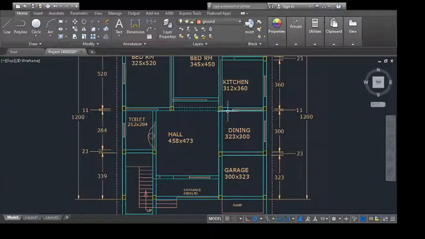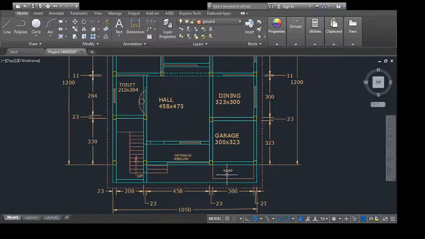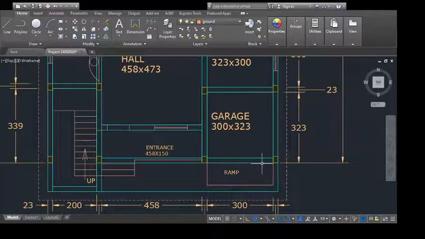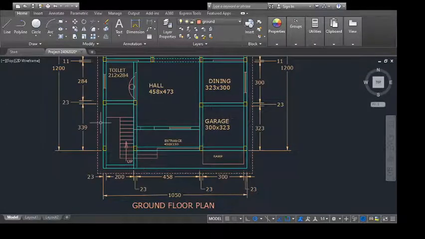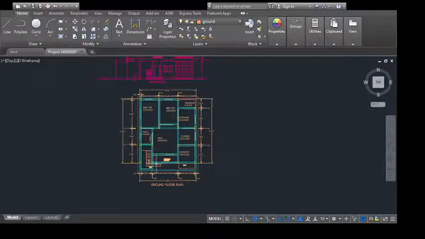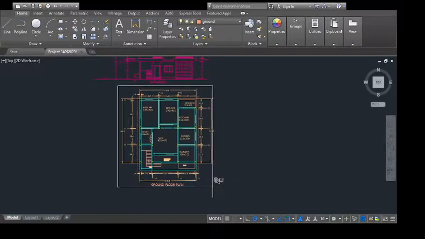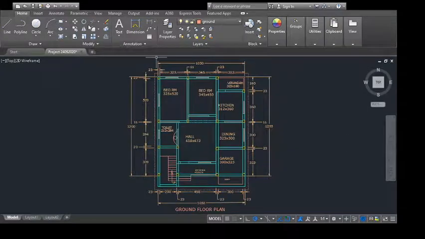There is dining supported over here, garage. See here, garage wall is there, so in that wall the beam is there. That's the entrance portion, that's the main entrance over here, the staircase portion. So I feel that everywhere over here the beams are directly going within the walls.